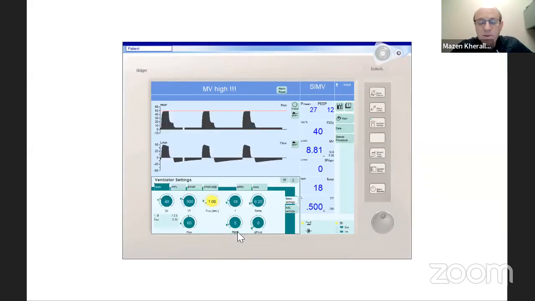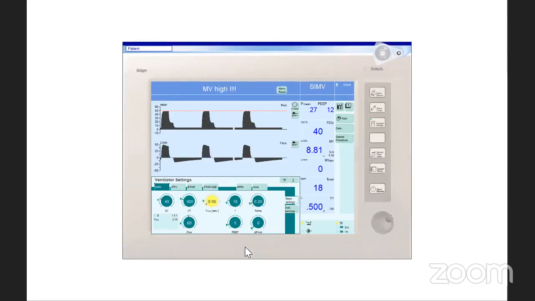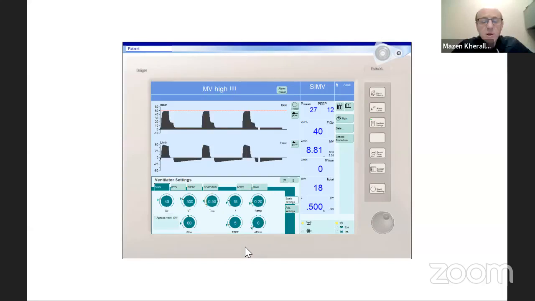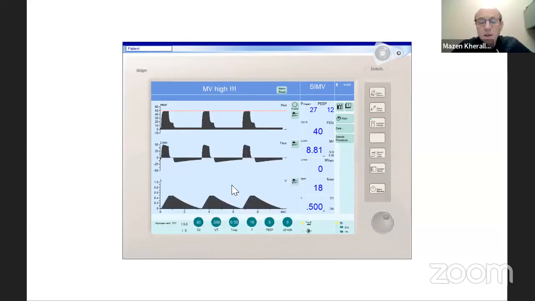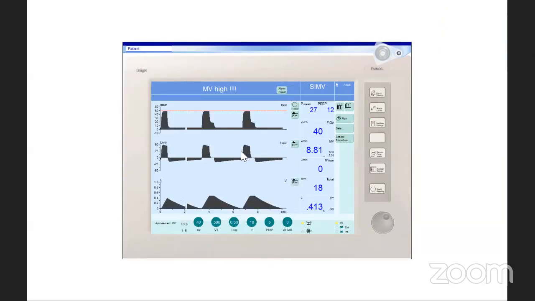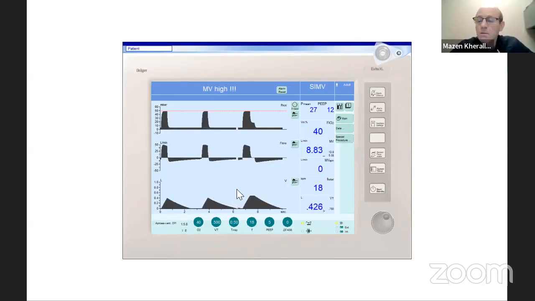And now we can decrease the inspiratory time down to the minimum time that is required, which is now 0.5 seconds. So I'm able to deliver. Can you please mute yourself if you're not talking? So now we eliminated the plateau again. And you can see that we were able to almost eliminate the dynamic hyperinflation without changing the minute ventilation.